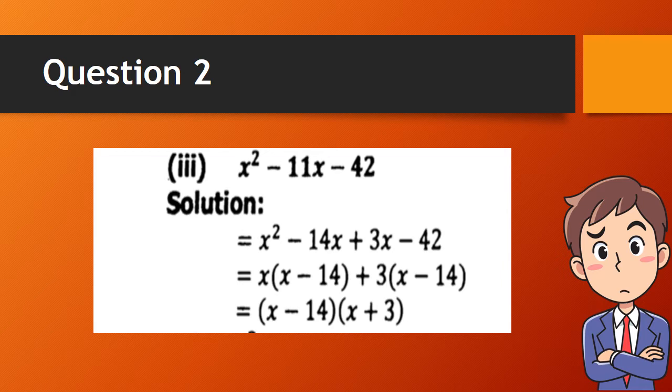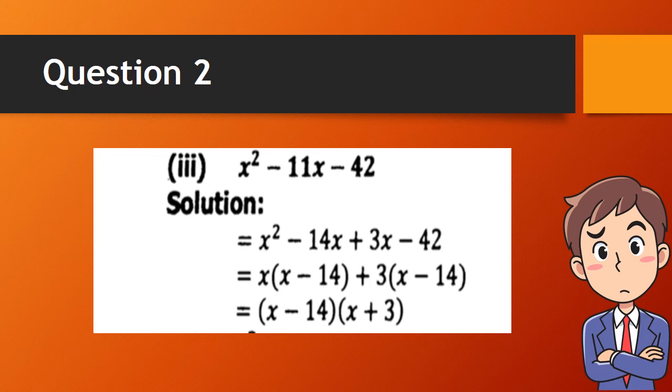So you will take these factors. Now students, keep in mind that if you have been given a minus term in the middle, then in the factors the greater one should have a negative sign. Here we have 14 and 3, the greater is 14, so it will be having a negative sign with it.